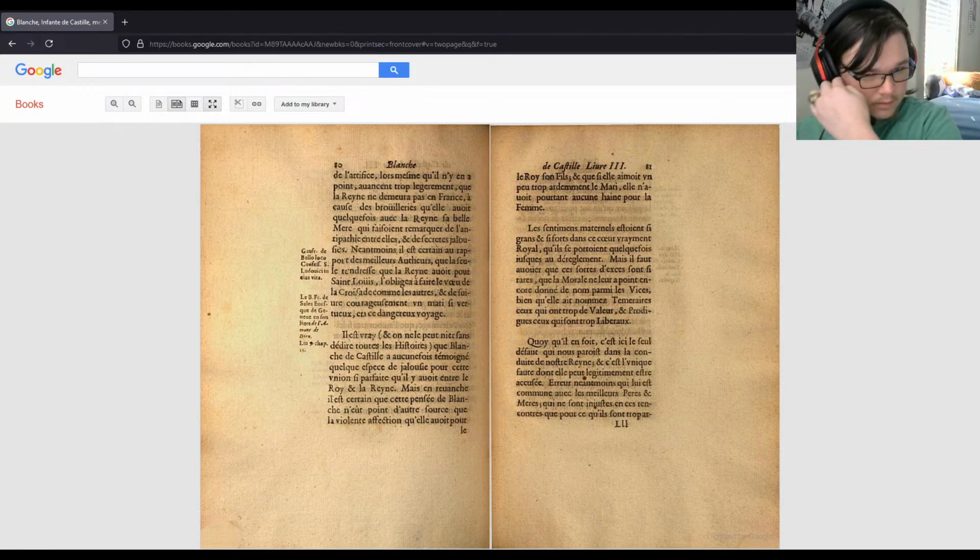I don't understand what's going on here. Whatever the case, it is here the only fault that we have seen in the conduct of our queen, and it is a unique fault of which she could legitimately be accused.